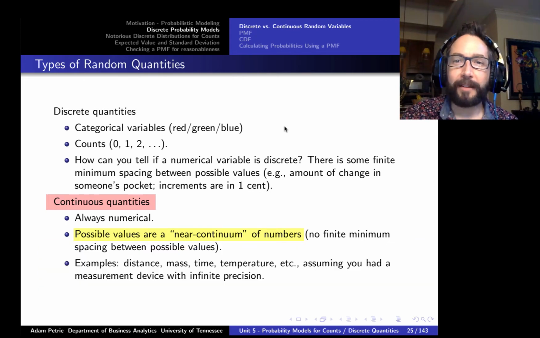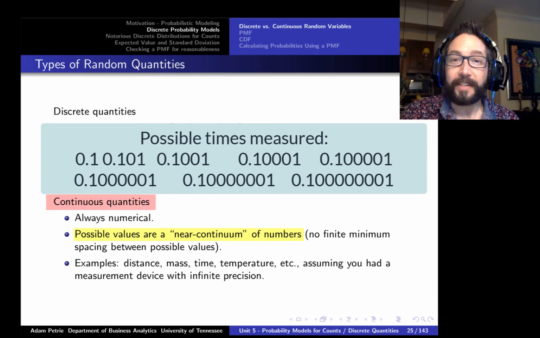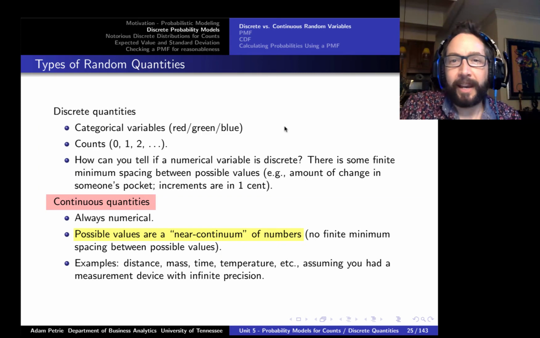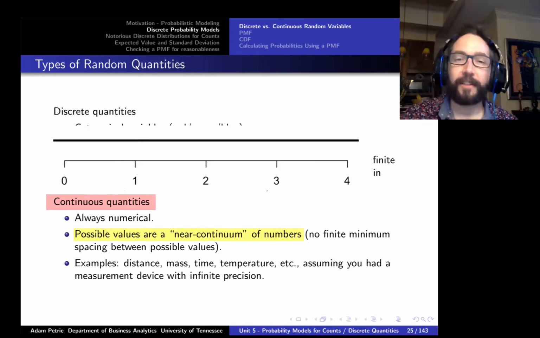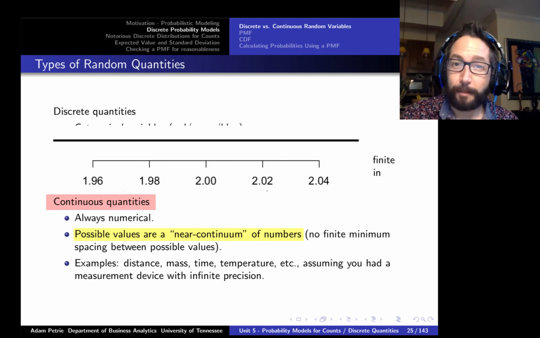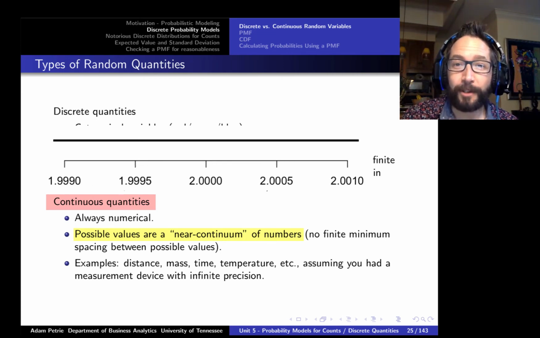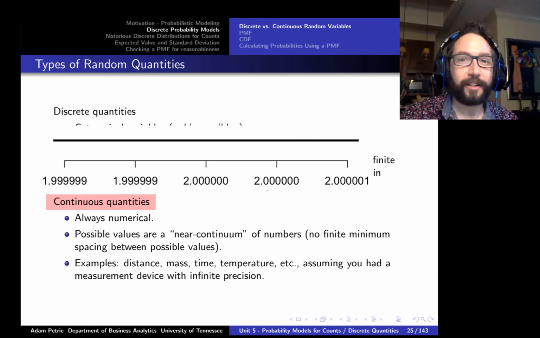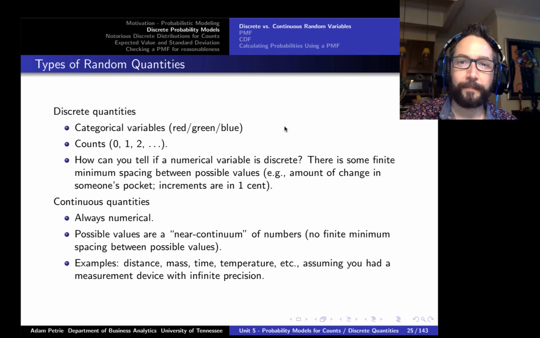So if we're talking about the amount of time it takes us to go to work, the yield of a particular product, say in grams, or the length between two sequential cracks on the highway, if we had a really accurate measuring device, there's really no limit to the number of decimal places we could get that number to. So for all intents and purposes, it's like the possible values are a near continuum. There's no finite minimum spacing between values.